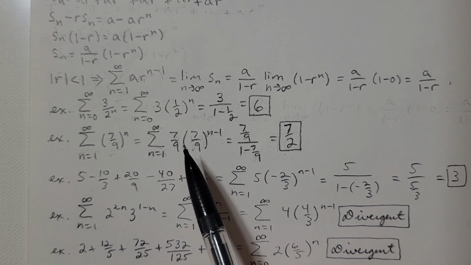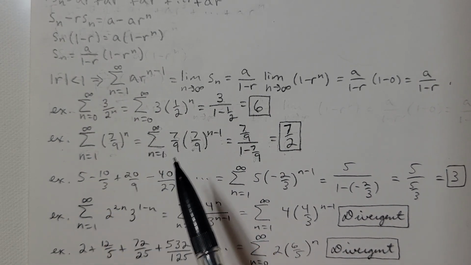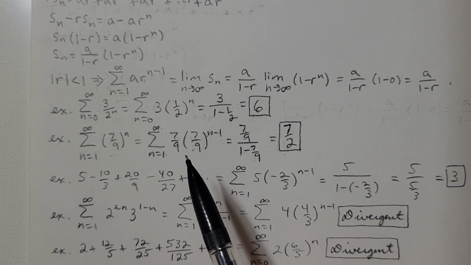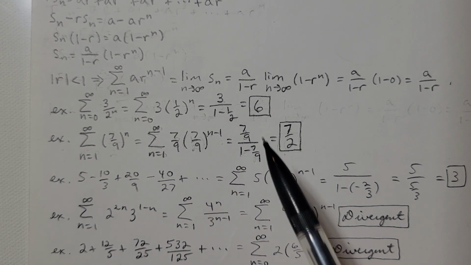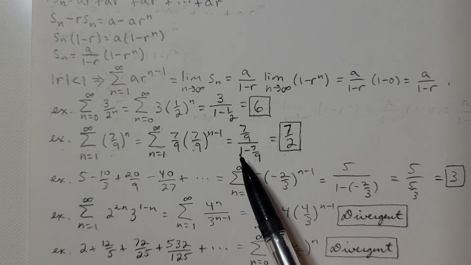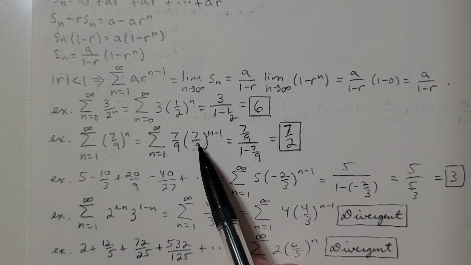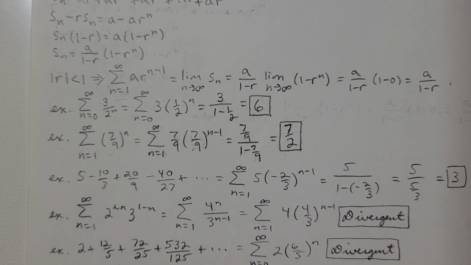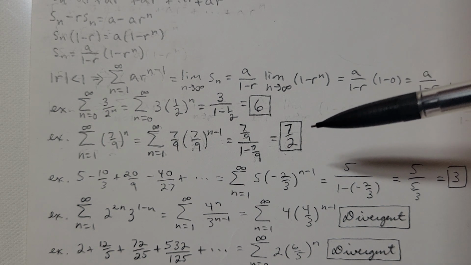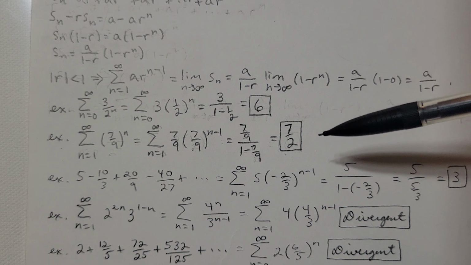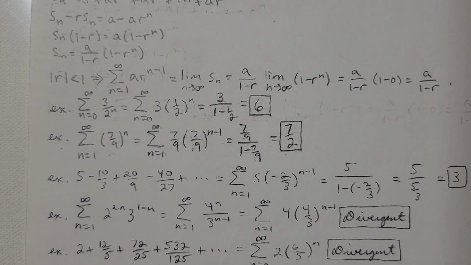And 7/9 is a number that's less than 1, so I know that this series is going to converge. Now, to find what it converges to, you're going to take a divided by 1 minus r. A is 7/9, divided by 1 minus r, which is also 7/9. 1 minus 7/9 is 2/9. 7/9 divided by 2/9, when I flip the denominator, the 9's cancel, I get 7/2 as the answer.